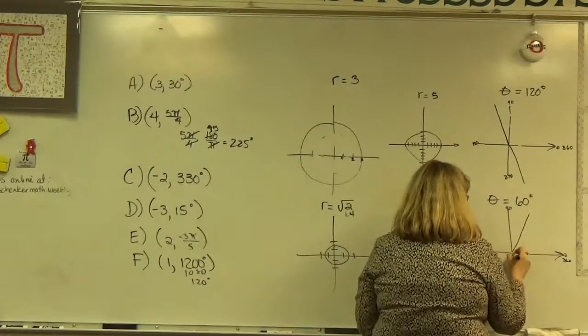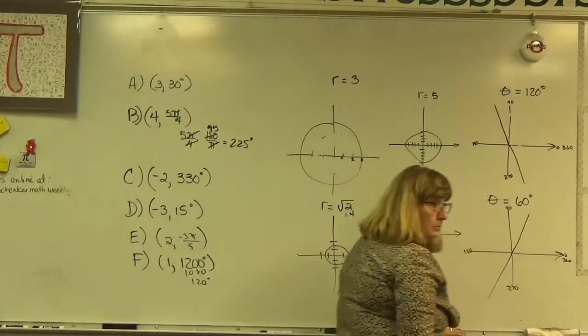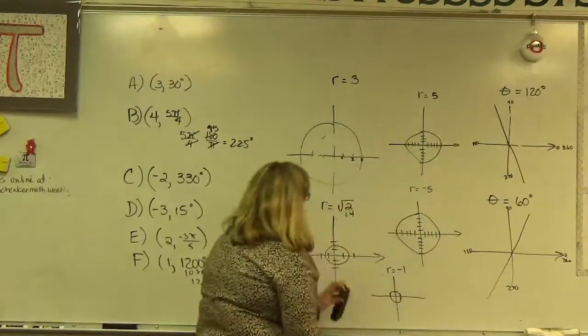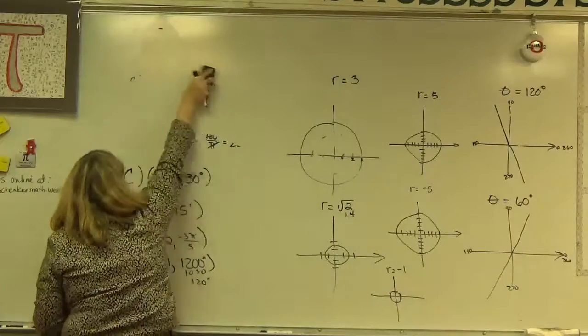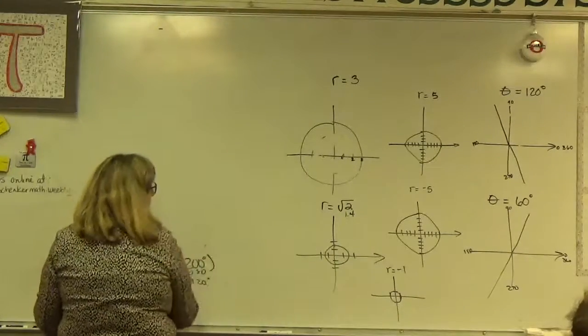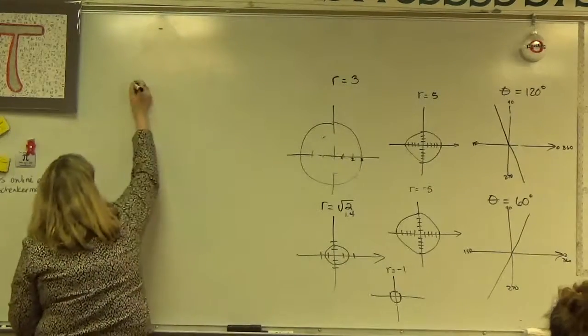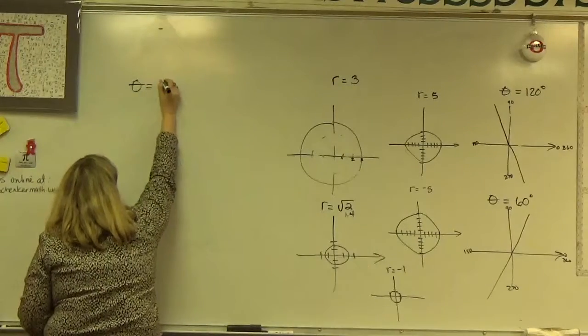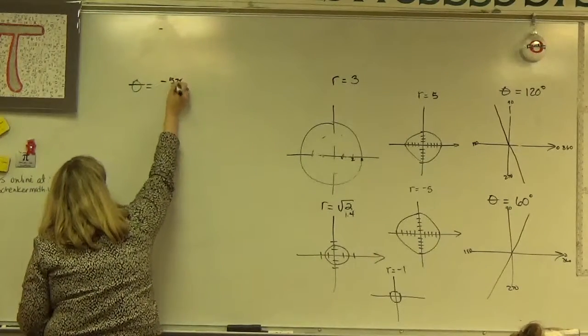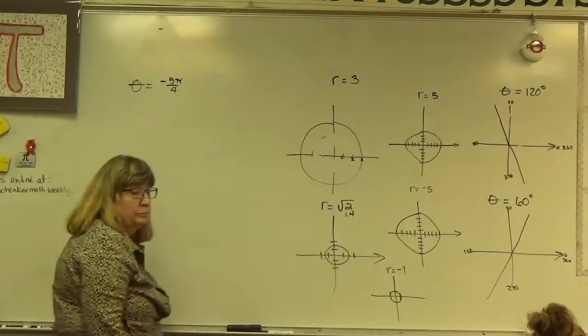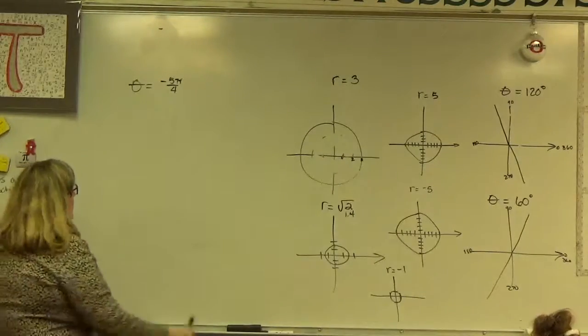What if I give you theta equals negative 5 pi over 4? You have to convert it to degrees.